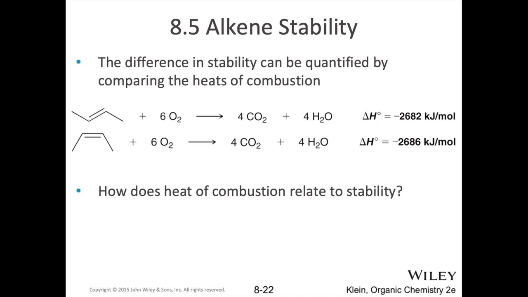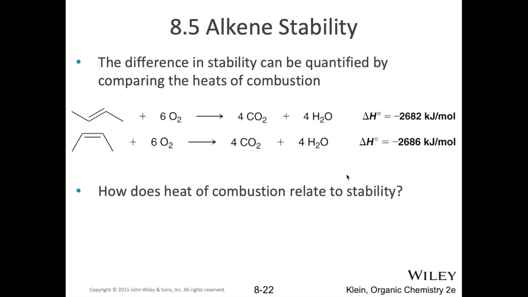We've done this before, where we've looked at heats of combustion and used that as a metric for determining which molecules are stable. The more stable something is, the lower its potential energy, and therefore the less heat it gives off when it gets converted to the even lower potential energy carbon dioxide and water vapor.